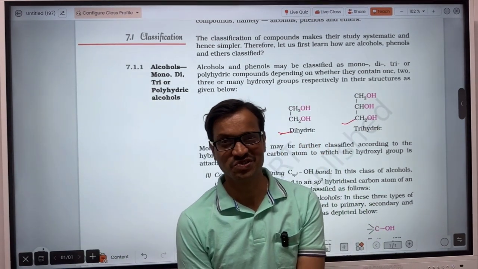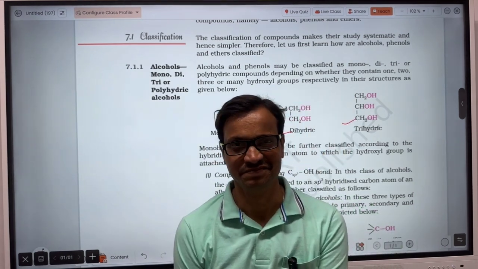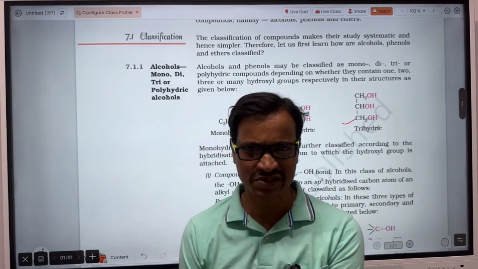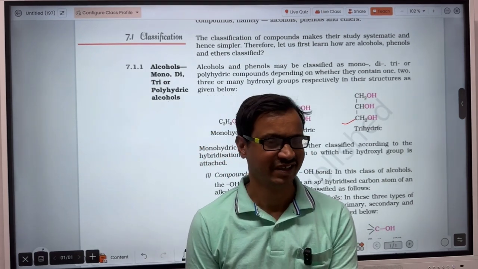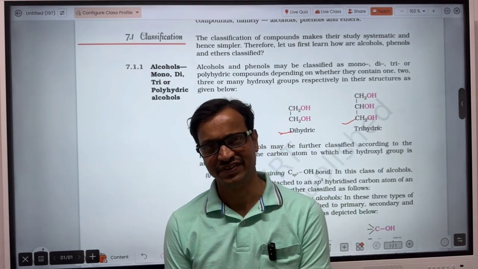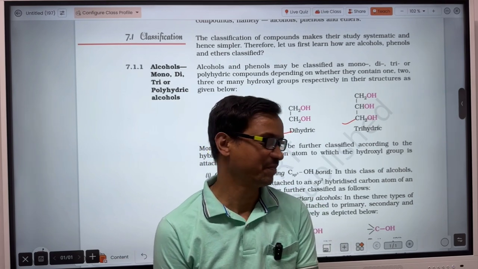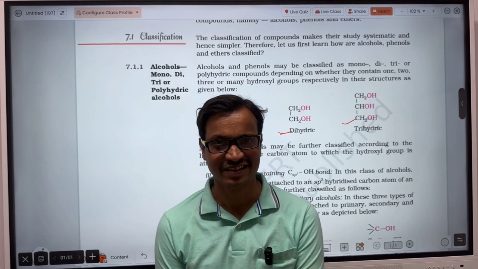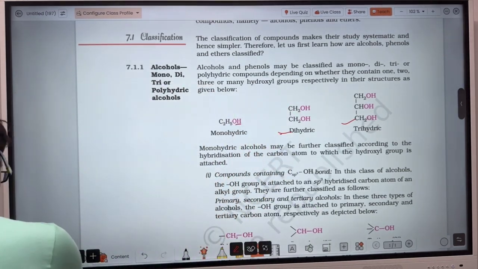There was monosubstituted haloalkane; here it will be called monohydric alcohol. If two OH groups, dihydric alcohol. And if three hydroxyl groups, trihydric alcohol.